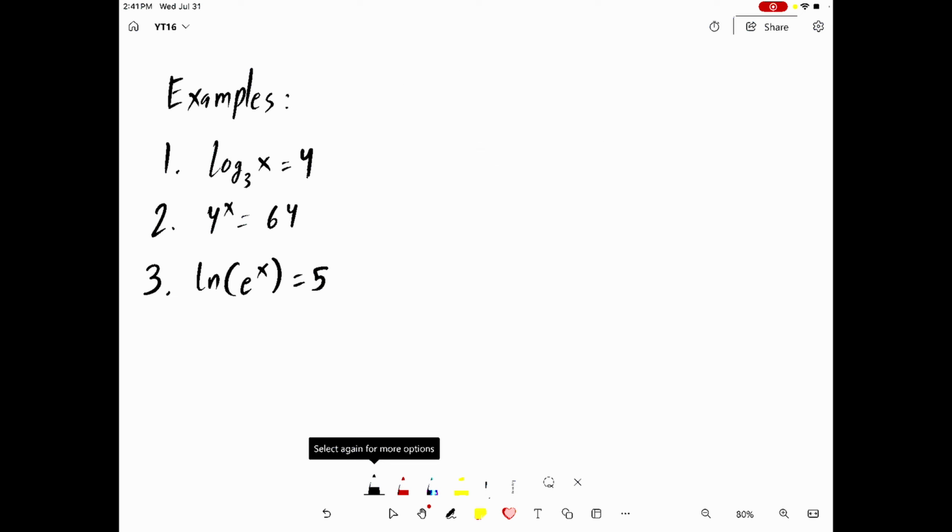For our second question, we have 4 to the x is equal to 64. If I write that up here, I think it would also be simple to figure out what to do. We would take the logarithm with the base of 4 on both sides, because if we did that, we would get x on the left-hand side, and on the right-hand side, we would get our answer.